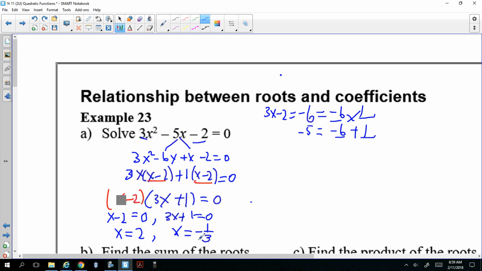Okay, alright, write it down. Alright, so you times 3 by negative 2, get negative 6. Find two numbers which multiply to get negative 6, add to get negative 5. And the numbers are negative 6 and 1. Split the negative 5 into negative 6x and positive 1x. And factorize in pairs. Write it down.